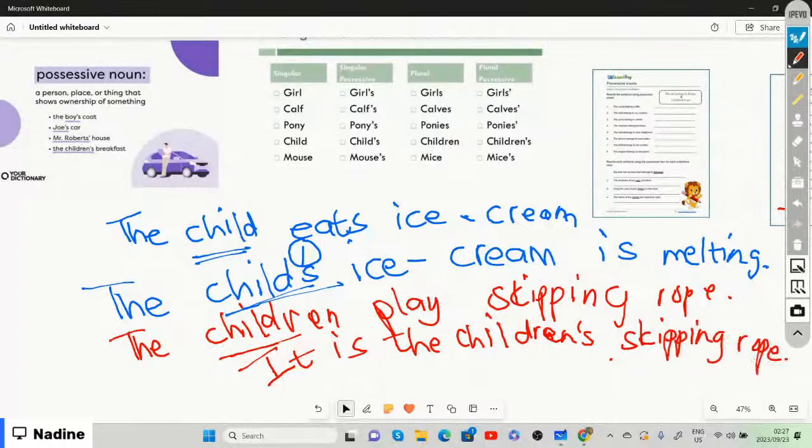All right, so if we look at the sentence now, the children play skipping rope, right? But now, if we were to show position, then we can say it is the children's skipping rope, right? And that basically is examples of sentences, sentence fragments, and run-ons.